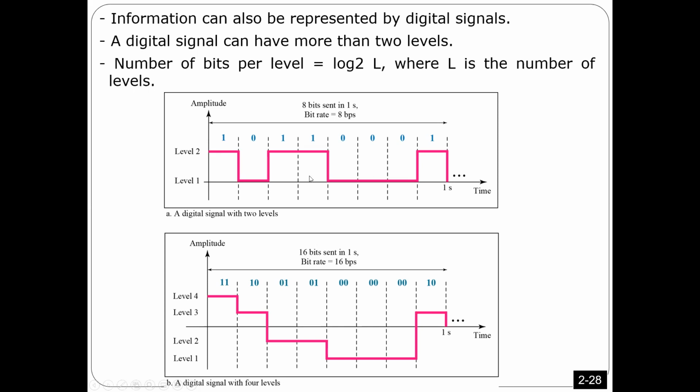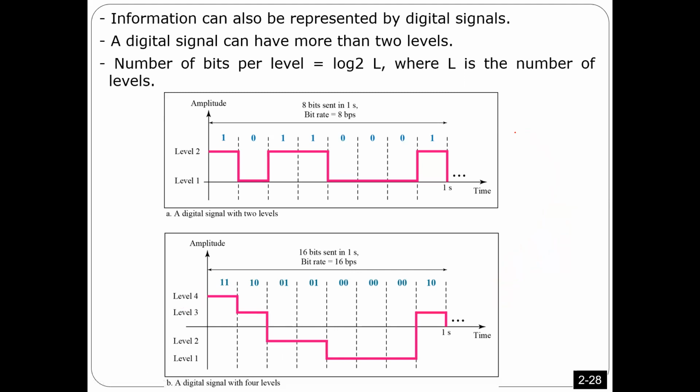So for sure, this is a digital signal. I can do it in a different way. If I increase the number of levels to 4, so I have 4 levels, then every level can represent 2 bits. For example, this level number 4 is going to be 1, 1.